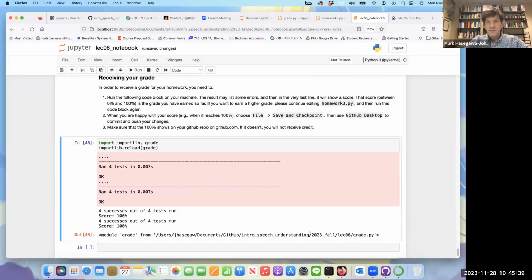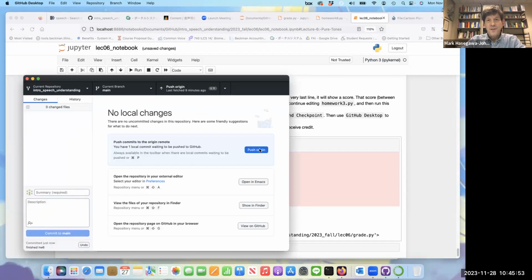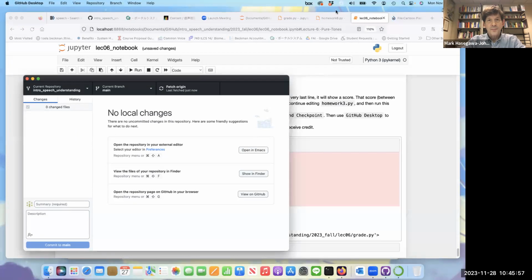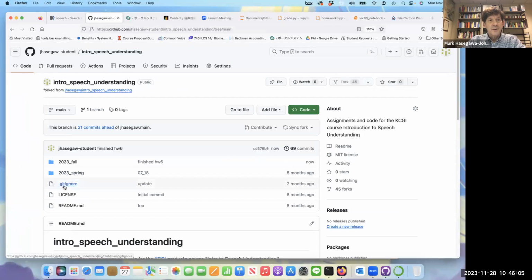And then once I've done that, I want to check it in using GitHub. So I'd go to GitHub and I find that there are several changes. So I can say finished homework 6 and commit it to main and then push it to origin. And this is important. Go back to your own GitHub account. So here I have my GitHub account.